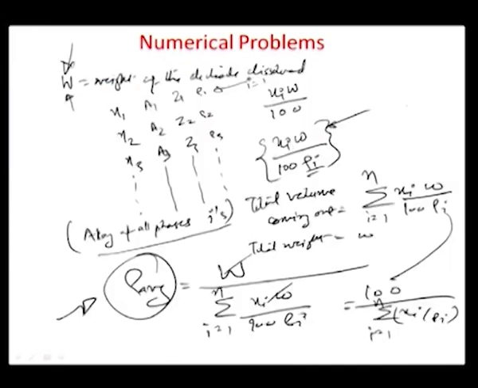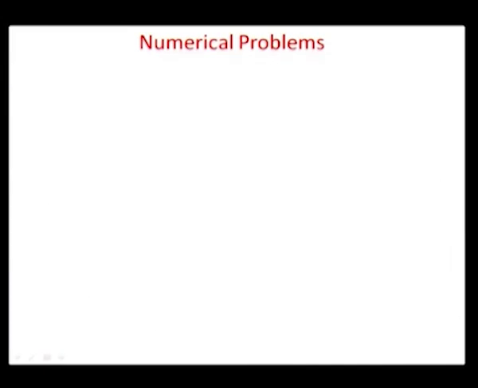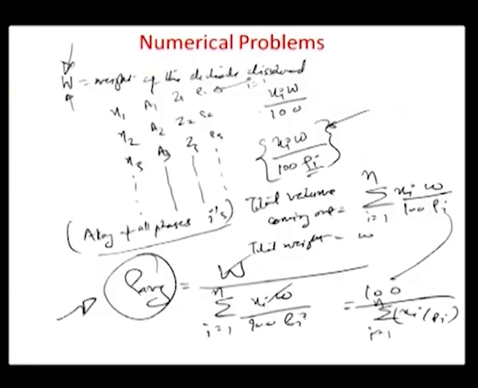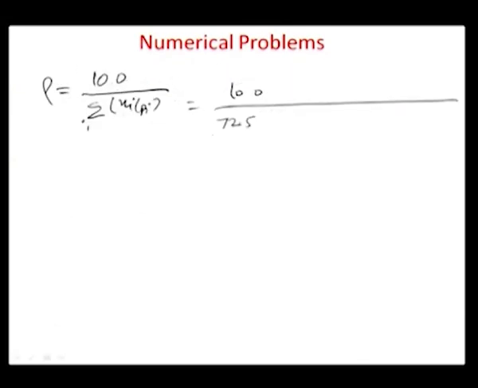So rho average in our case, given by 100 by the sum of xi by rho i, can be represented as 100 divided by the percentage of nickel, 72.5% in this alloy, divided by the density of nickel, which is 8.9 gram per centimeter cube, plus that of the second phase, which is chromium.